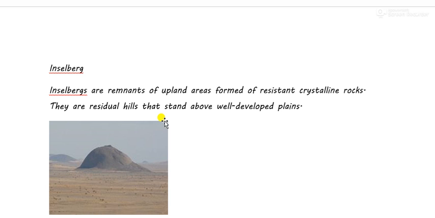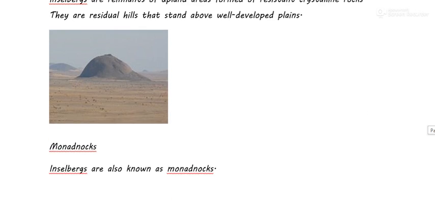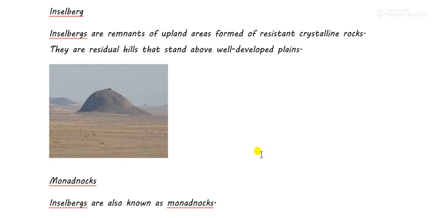Inselbergs are nothing but small hills formed of resistant crystalline rocks. Resistant means very hard rocks. Next we have Monadnocks, which is just another name for Inselberg. So in the exam, if they ask you what are Monadnocks, you can write the definition of Inselberg.